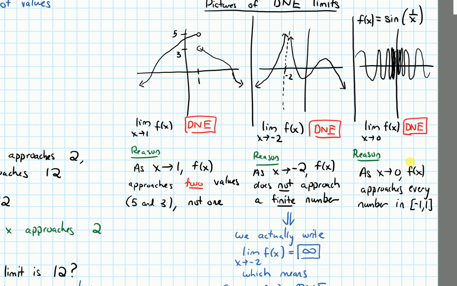It keeps hitting every number in the interval from -1 to +1, because it keeps going down to -1, up to +1, again and again, an infinite number of times. And that's bad. The y values are not just getting close to one finite number. That's why the limit doesn't exist in this picture.